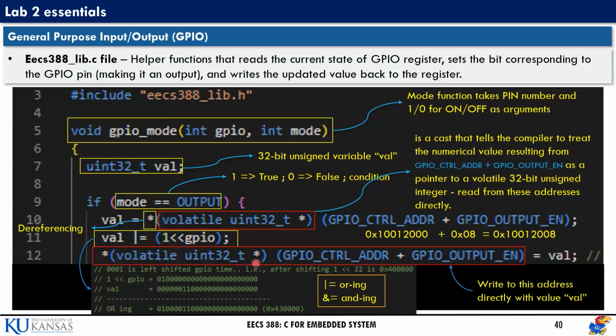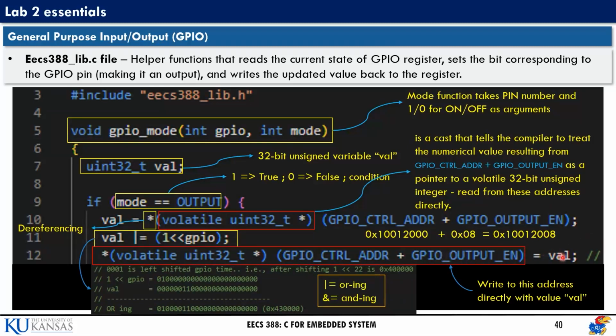Now, the next line, what we are doing, you can see here now our left-hand side is this memory address of this output enable. So we are modifying the register value of output enable with our new val variable.